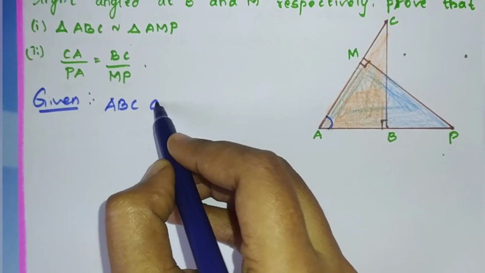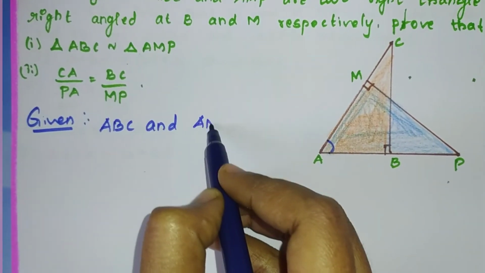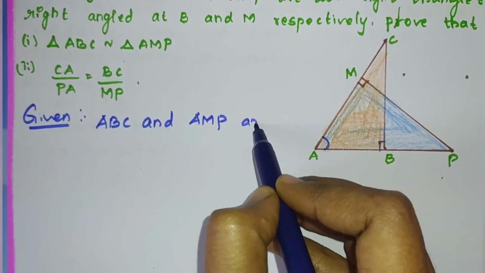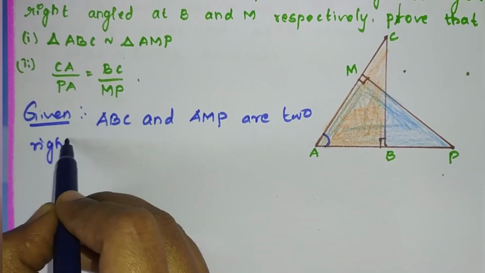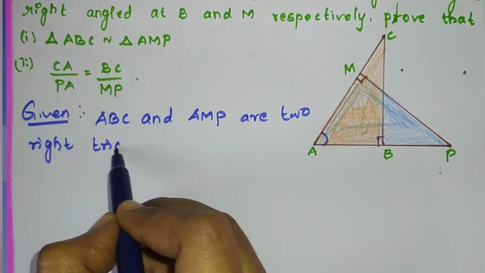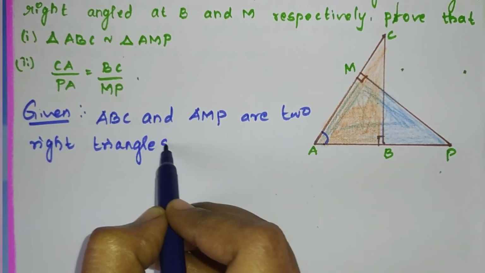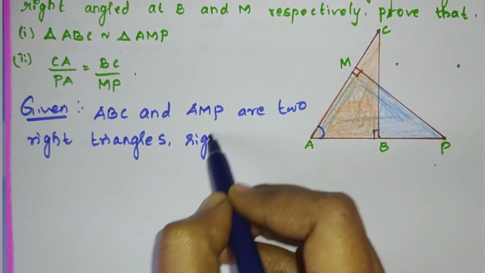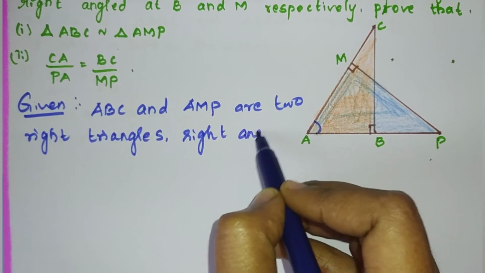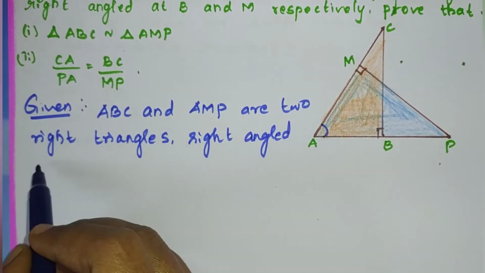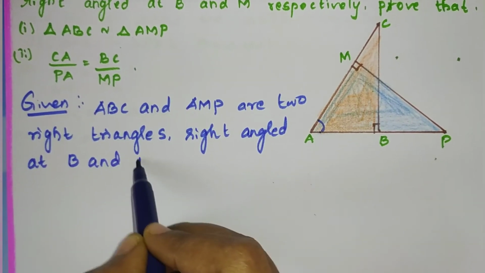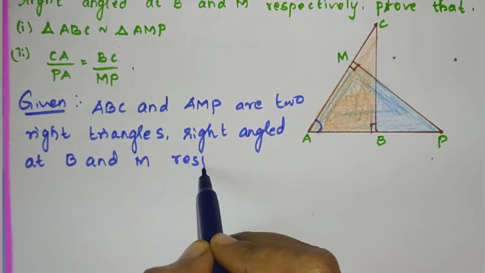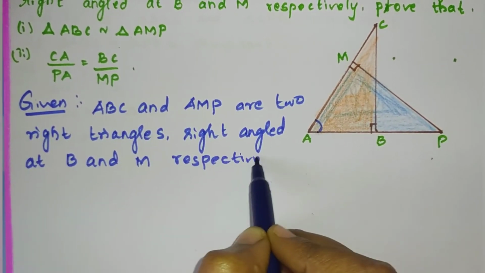First write given: ABC and AMP are two right triangles, right angled at B and M respectively.